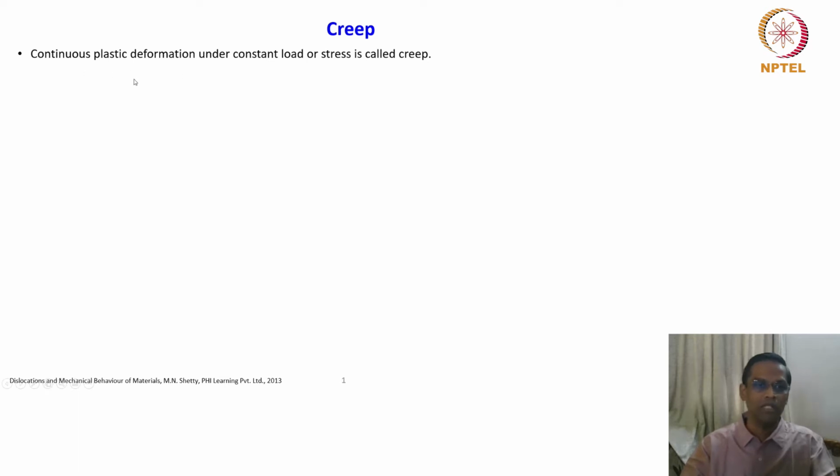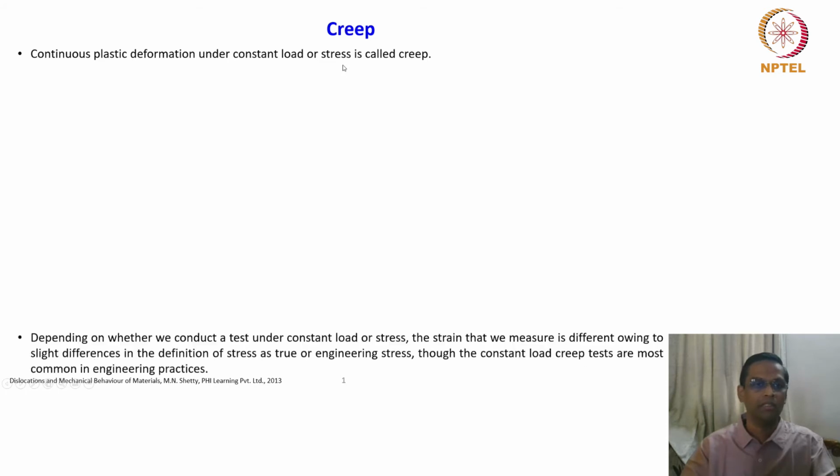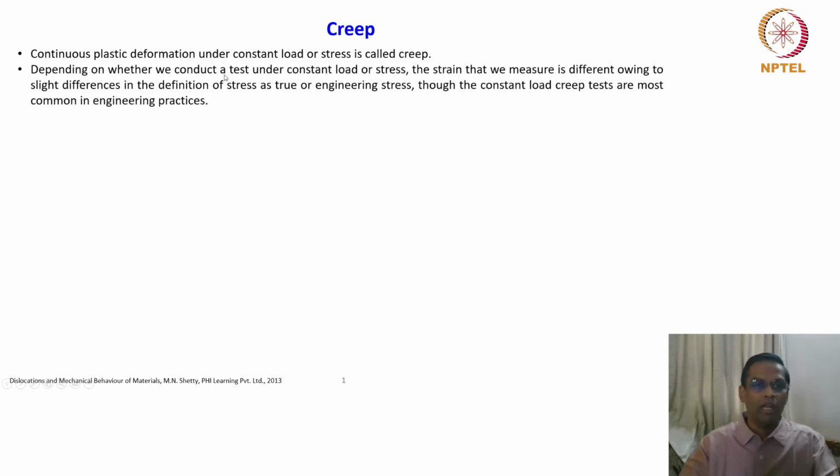So there are several ways by which one can define creep, but simply you can just tell in layman's language, this is a continuous plastic deformation under constant load or stress is called creep. Of course, it is a high temperature phenomenon, but a very simplified definition can be like this. Depending on whether we conduct the test under constant load or stress, the strain that we measure is different owing to slight differences in the definition of stress as true or engineering stress.